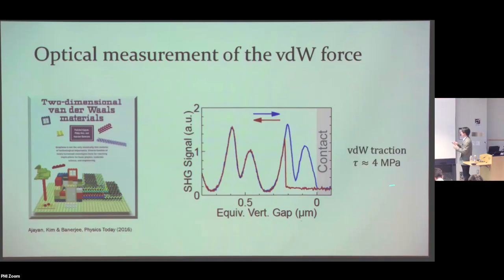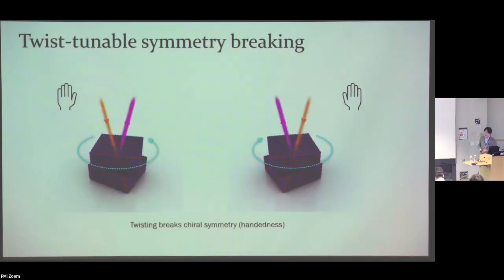For this particular sample, it's estimated at about 4 megapascals, which is definitely much weaker than chemical bonding, but is on the same order of magnitude as the force that is required to exfoliate the flakes and so forth. So far we haven't turned on the twisting yet, so now we should do that.